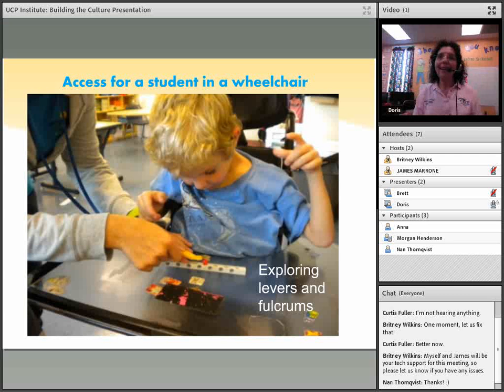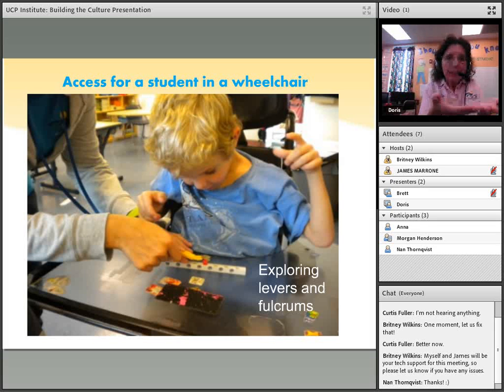This little guy has as much of a right to explore letters and fulcrums as anyone else. And so making his materials accessible, making his space accessible is something that you consider when you're structuring your classroom as far as space is concerned and as far as who's going to assist him in that wheelchair so that he can access whatever it is that you put on his tray.